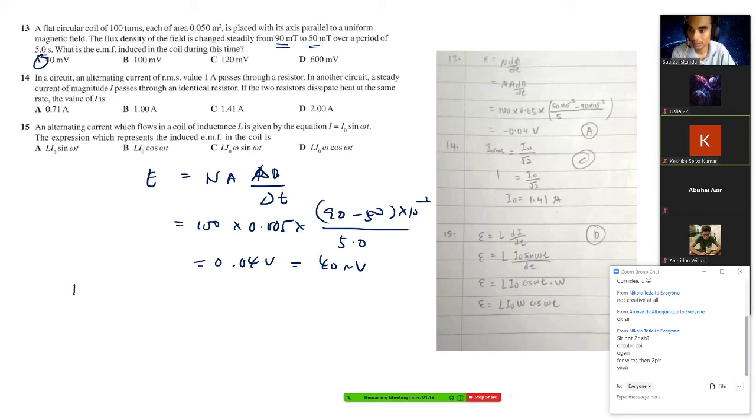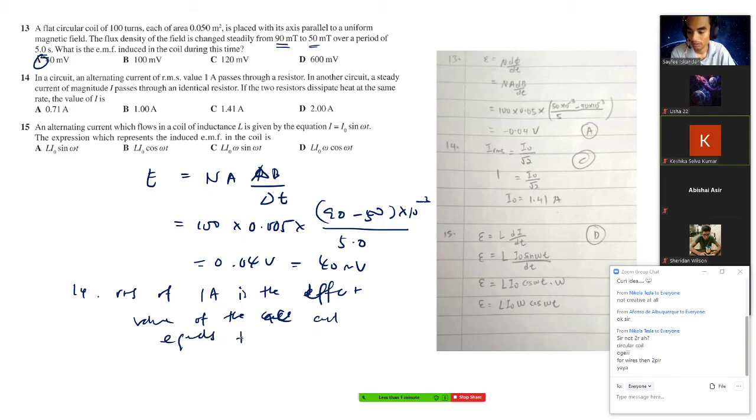So RMS of 1 ampere is the effective value of the AC current, and equals the current 1.0 A. So the answer will be B. And number 15, E equals negative L dI over dt equals negative L I omega cos omega t. So the answer will be D.